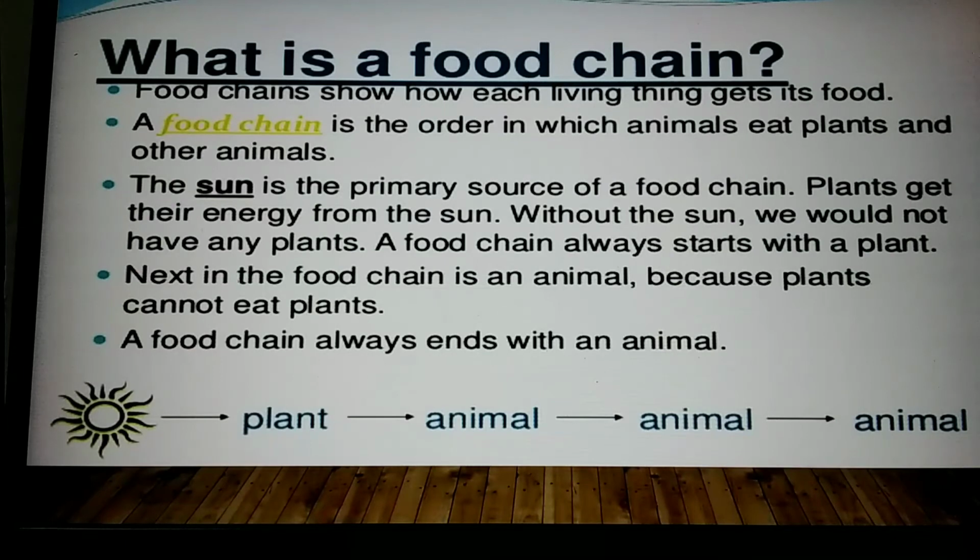The sun is the primary source of a food chain. Plants get their energy from the sun. Without the sun, we would not have any plants. A food chain always starts with a plant. Next in the food chain is an animal, that is a herbivore, a plant eating animal, because plants cannot eat plants. A food chain always ends with an animal.